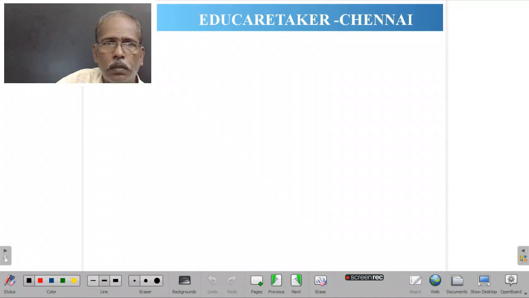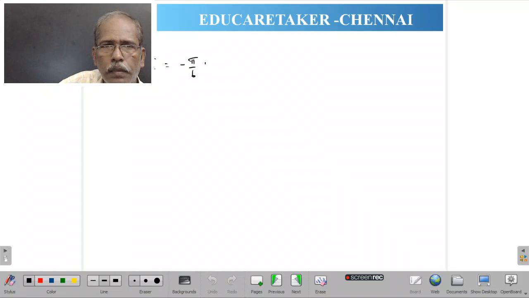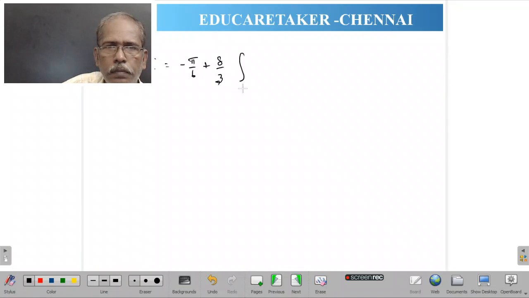I equal to minus pi by 6 plus 8 by 3, and 0 to pi by 2. Secant square is nothing but d of tan x.